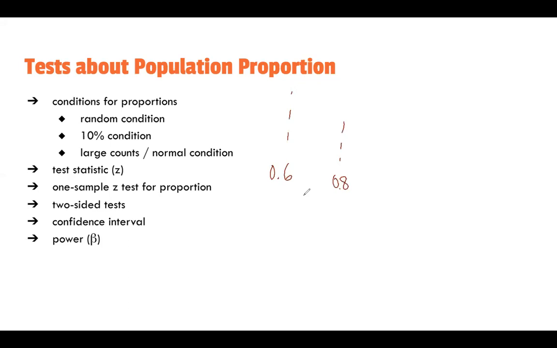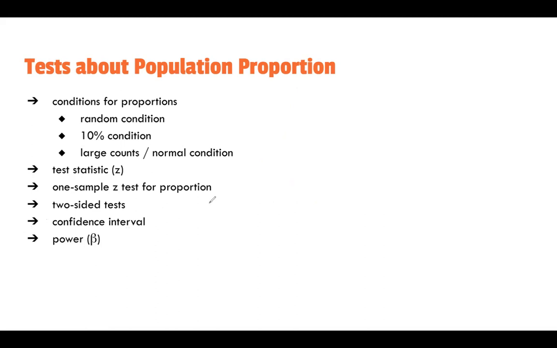The power says, well, if the actual parameter was 0.8, for example, what is the probability that we would detect it and actually reject the null hypothesis? Sometimes you say the null hypothesis is true, you fail to reject it, when actually it's wrong, and that's the type 2 error. Or you actually detect that the null hypothesis is wrong and you reject it.